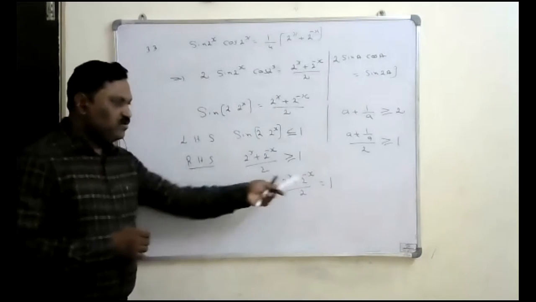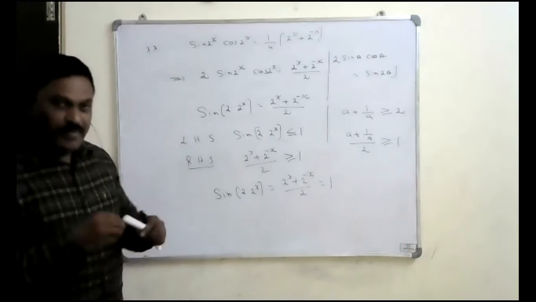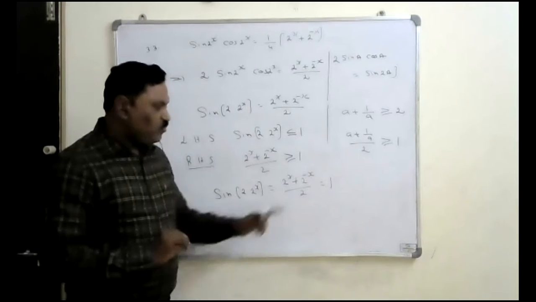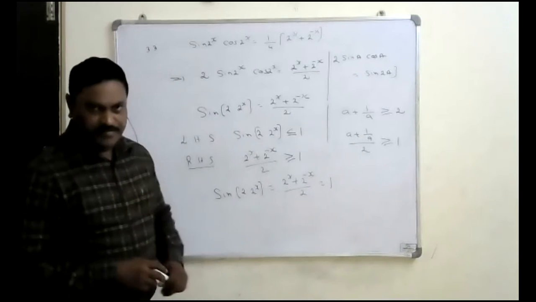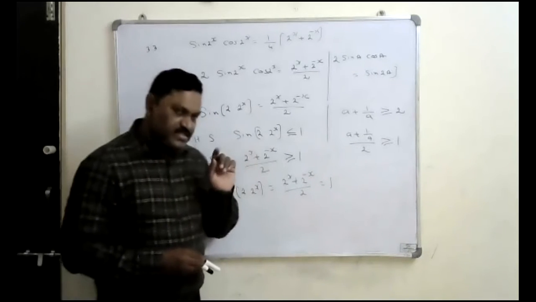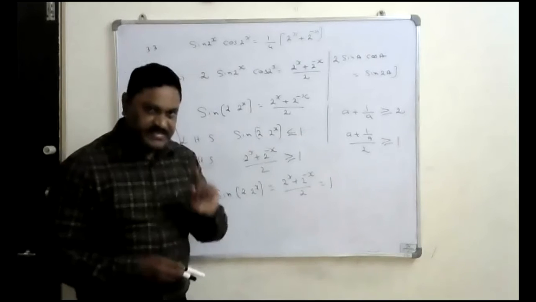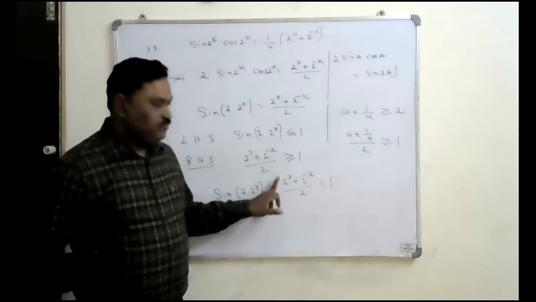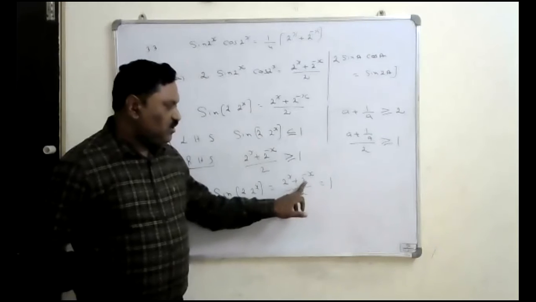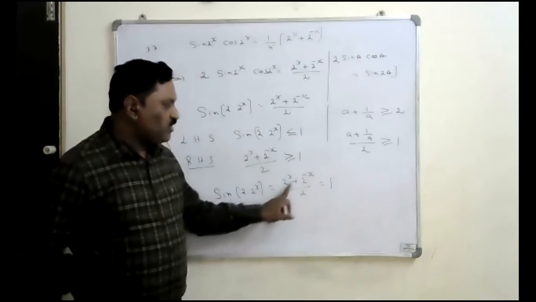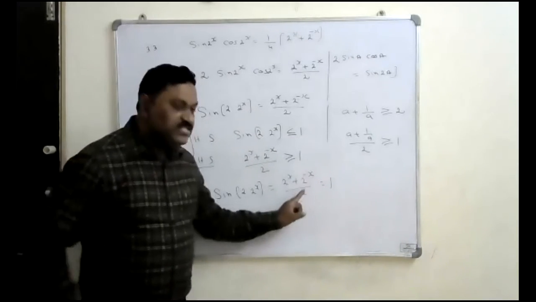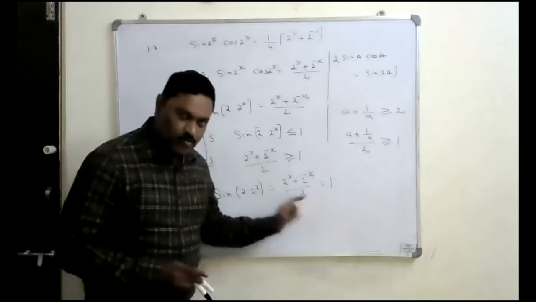But the case is that at the same value of x, both have to give 1, right? Let us assume that x is equal to 0. 2 power 0 is 1, and 1 plus 1, 2 by 2, gives 1. So this expression is giving 1 when x is 0.